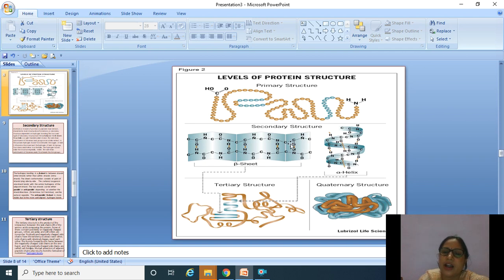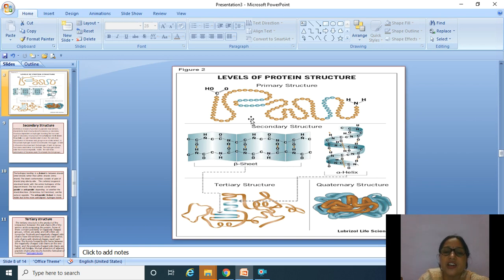Here the hydrogen bond is formed between both of these strands.